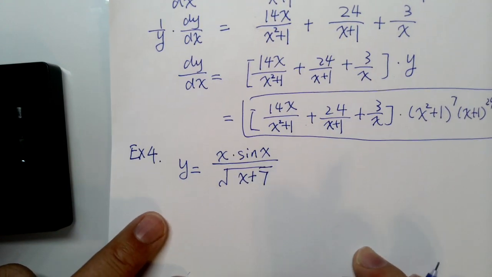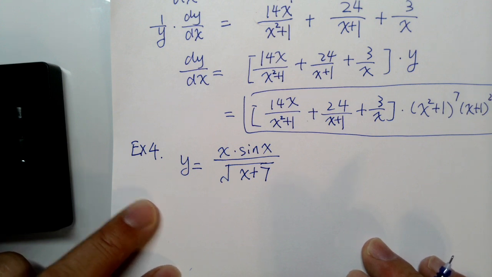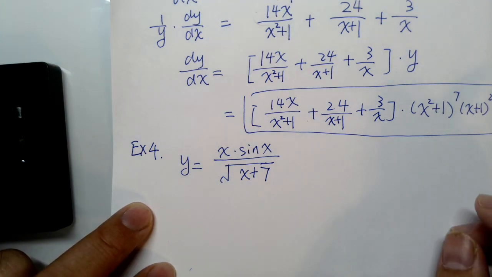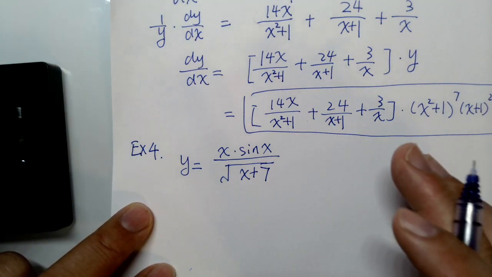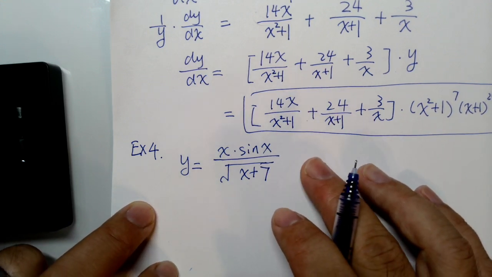Let's look at this one: y equals x times sine x over square root of x plus 7. Still use logarithmic differentiation to figure it out for this problem.